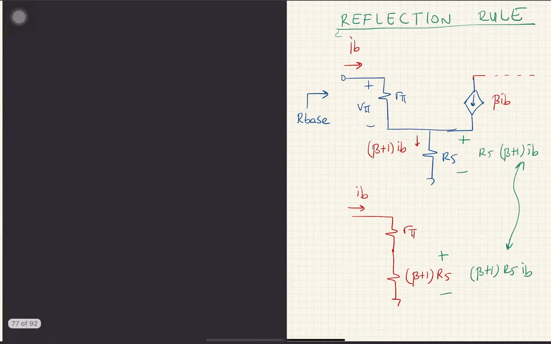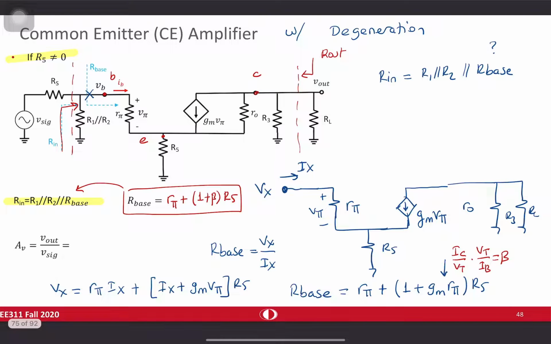How? Let's take a look at the circuit. I am looking from here. The resistance is this thing in parallel with R base. For finding R base, what I have is R pi. I reflect the resistance at the emitter by multiplying by beta plus 1 and adding it to R pi.